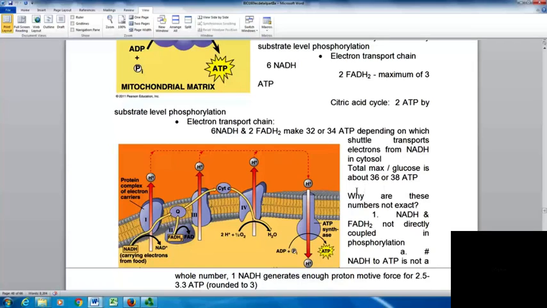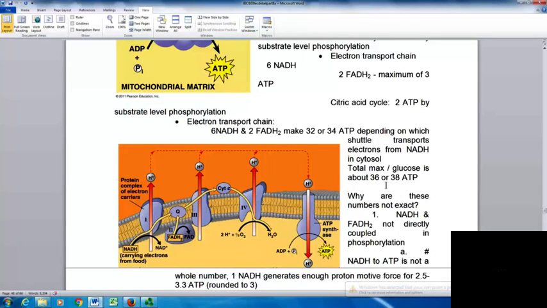The total maximum per glucose is about 36 ATP. So it's 38 ATP if you're not taking out those initial 2 you invested in glycolysis. If you take out the initial 2 you invested in glycolysis, the net gain is 36 ATP.